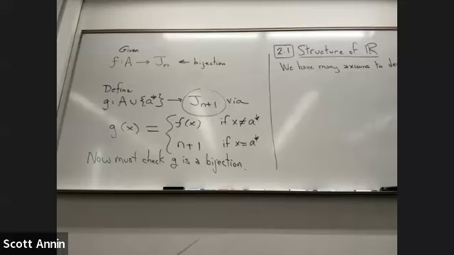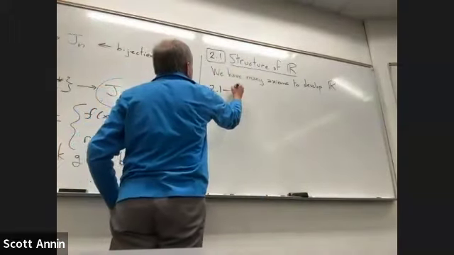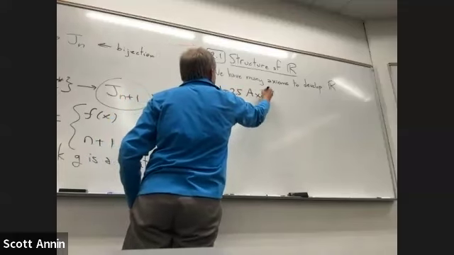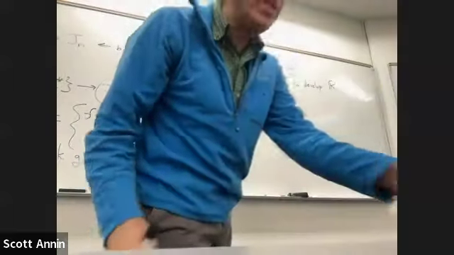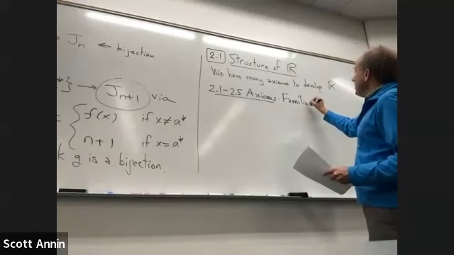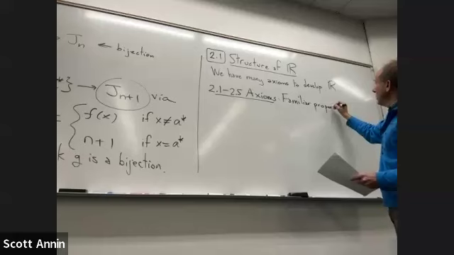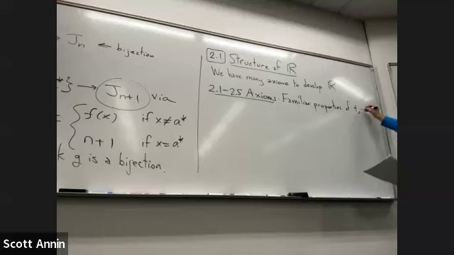The book starts off chapter 2 by giving you a quick reminder about some of these axioms. So 2.1 through 2.5, there are 5 axioms here, and these all deal with familiar properties of addition, subtraction, multiplication, and division.